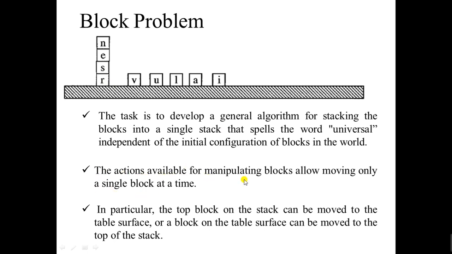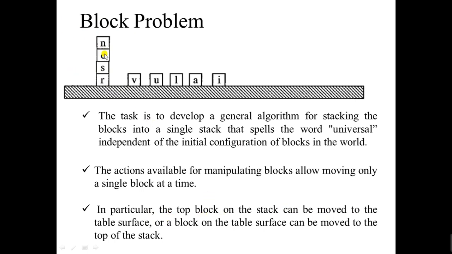The actions available for manipulating blocks allow moving only a single block at a time. The available moves are these. The top block on the stack can be moved to the table surface. This is the first one we can do. I am repeating again: in this stack, we have some letters, that is a box, or we can say a block.